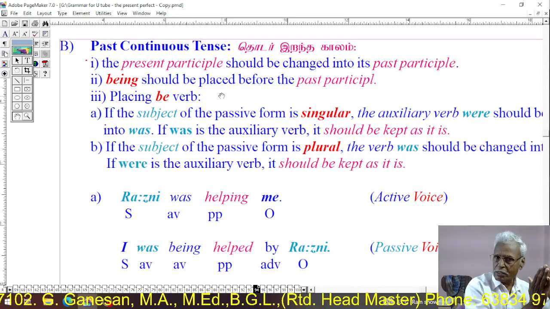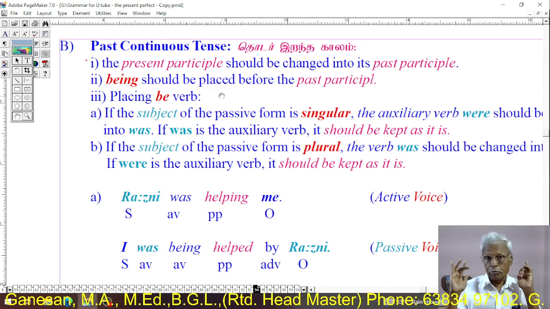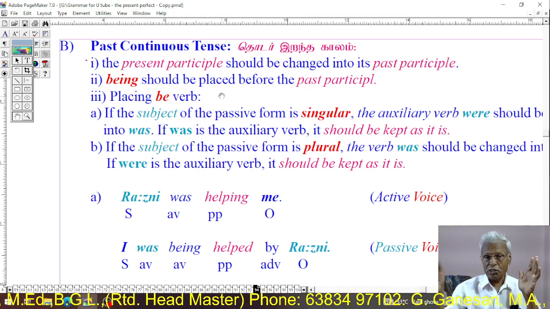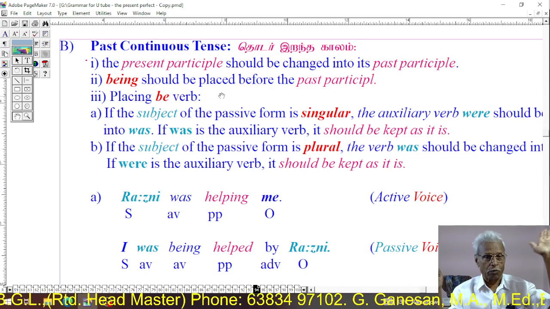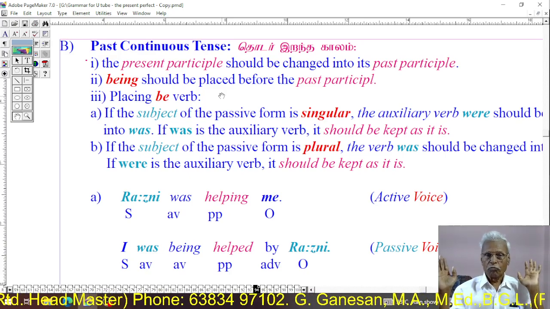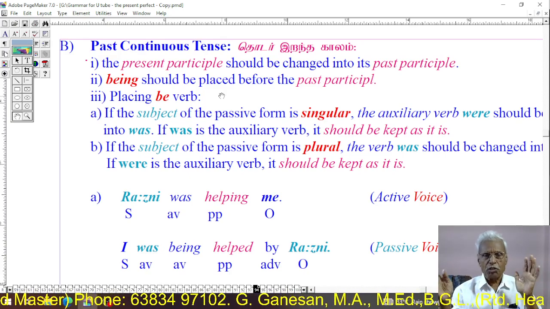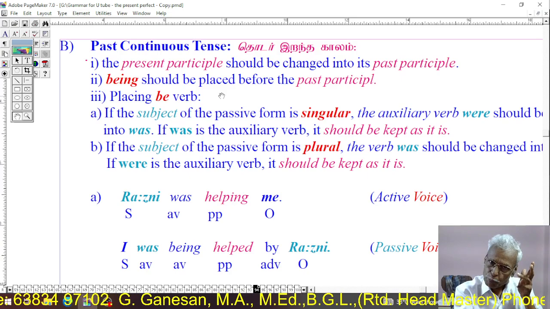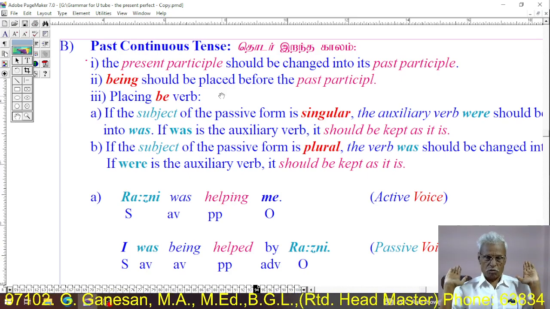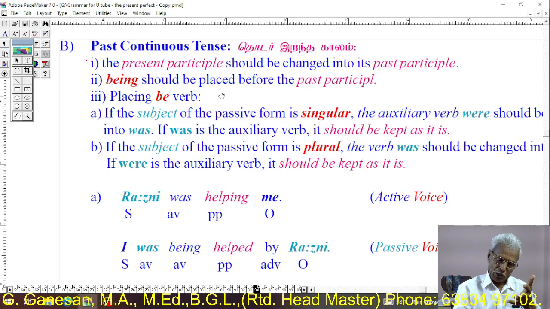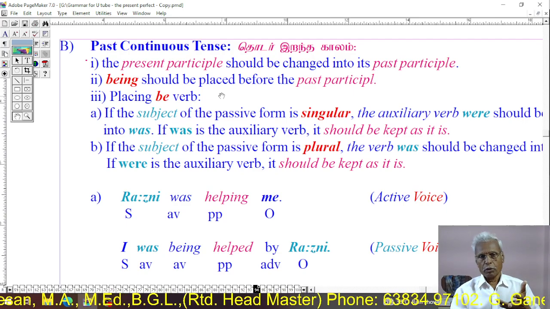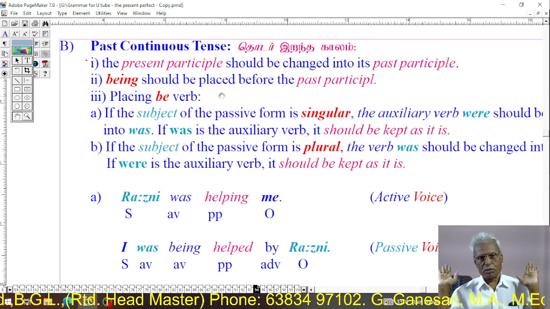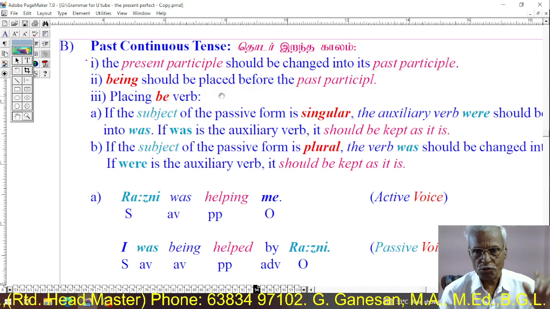If the subject is singular, in present continuous we are using am, but when it is any other tense, am has no role at all. In past continuous tense, if the subject is singular, the be verb is was. If the subject is plural, the be verb should be were. That's all. So changing the present participle into past participle, then placing being, then placing was or were according to the subject. It's okay? These are the rules.